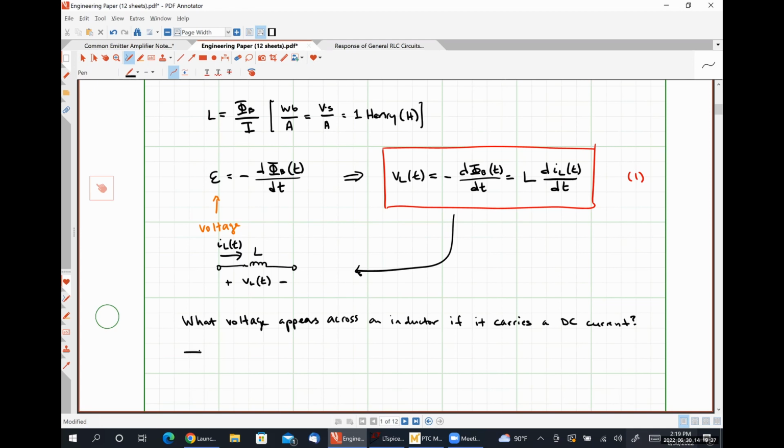So in a DC circuit, an inductor behaves like a short circuit, just a piece of wire.